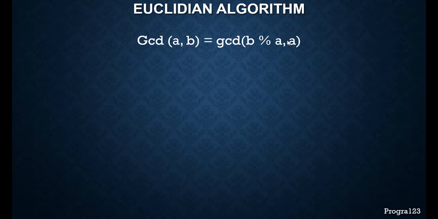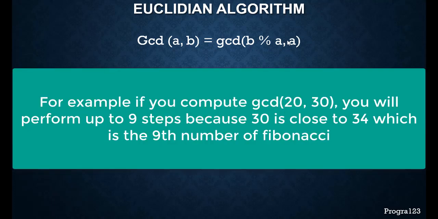Why did I mention Fibonacci numbers at the beginning? Well, because the number of steps that Euclidean algorithm makes in order to compute the greatest common divisor is equal to the number of steps you take to form a Fibonacci number.